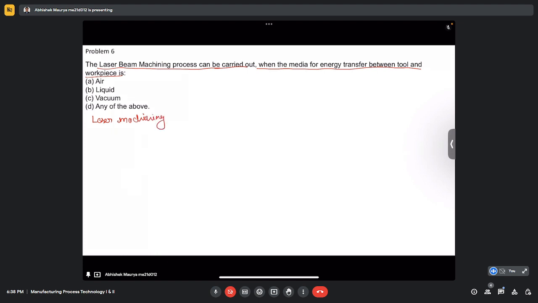Laser machining is a technology that uses a laser beam. What is the laser beam? Laser beam is a narrow beam of intense monochromatic light.